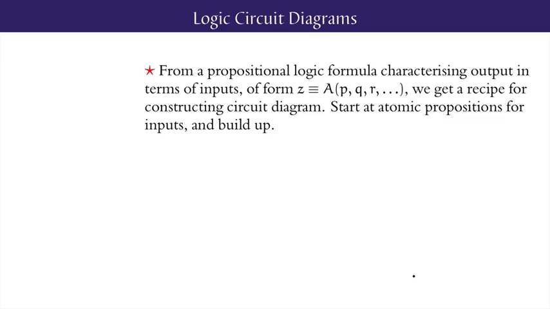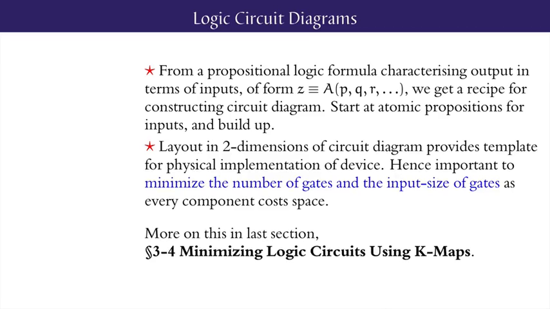From a propositional logic formula expressing an output in terms of the inputs, we now have a recipe to construct a circuit diagram starting from atoms for input signals and building up with the connectives using logic gates. The two-dimensional layout of a circuit diagram forms a template for physically building a digital circuit.